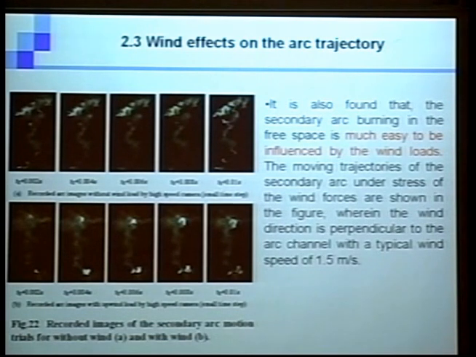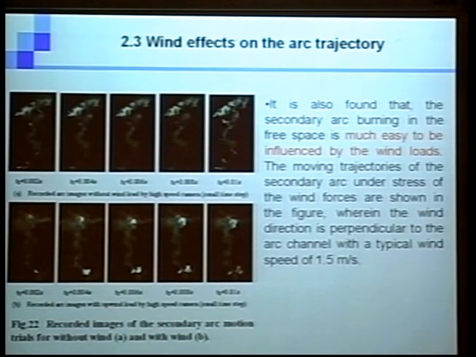And now I show you some figures with the wind effects on the arc movement and the arc motions. It's also found that the second arc burning in the free space is more easily influenced by wind loads.